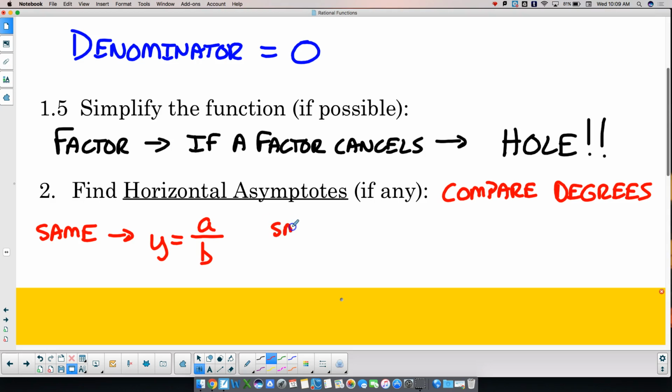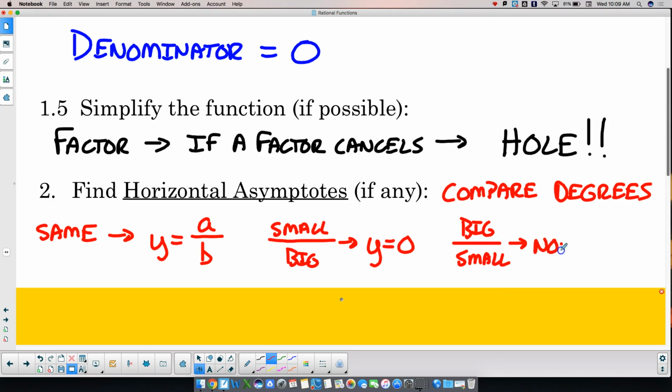Small over big. That's y equals 0. Big over small. But in that big over small case, what else am I looking for? If it differs by 1. If it's bigger by 1, then what? Then that gives us a slant asymptote.